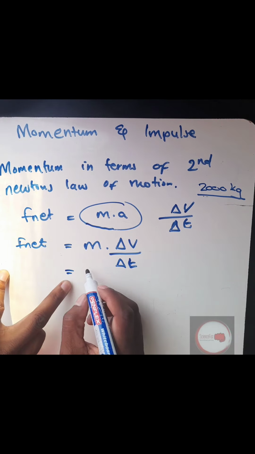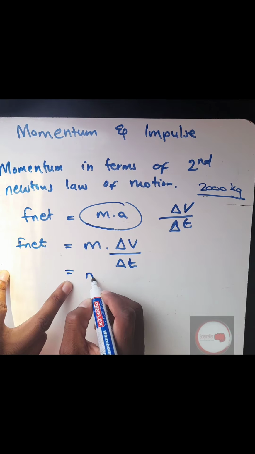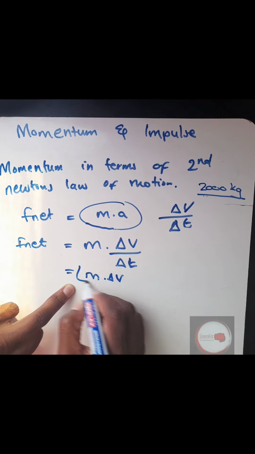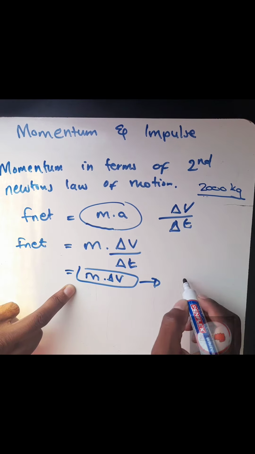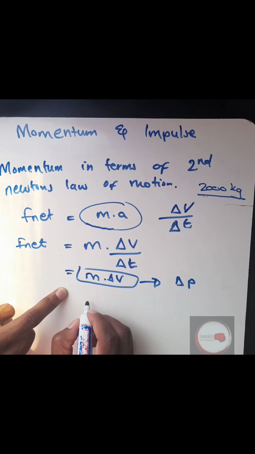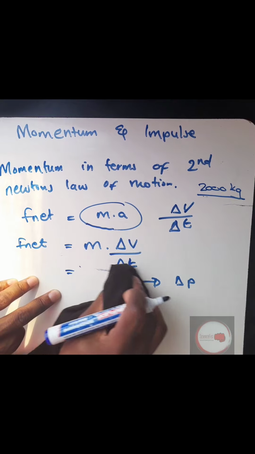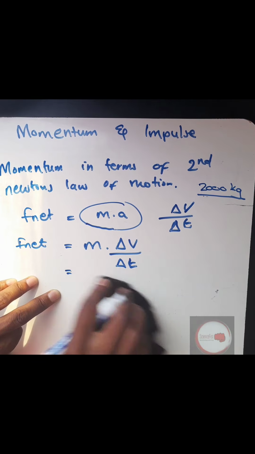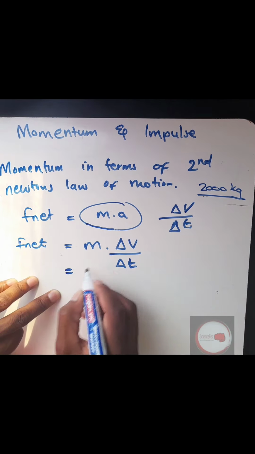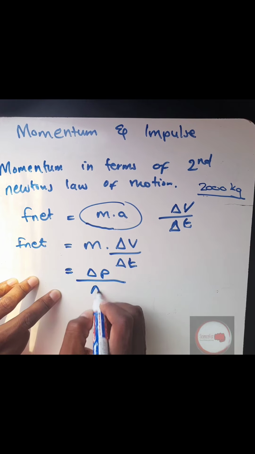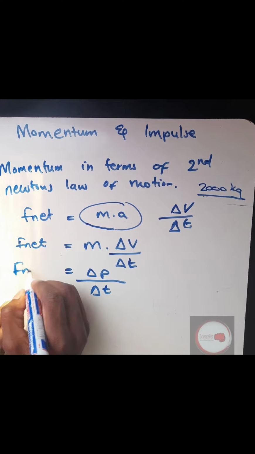Then we're going to take our mass times delta v and consider that in terms of momentum. That will be the change in momentum. So if we do that, then instead of m times delta v, we're going to end up with delta p over delta t, and that's F net here.